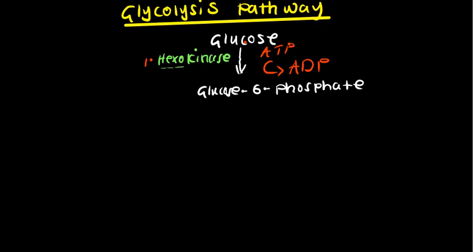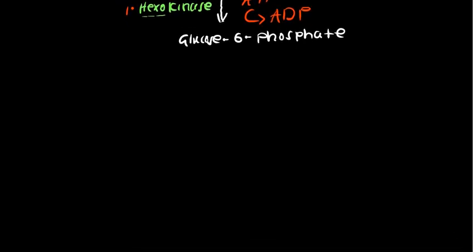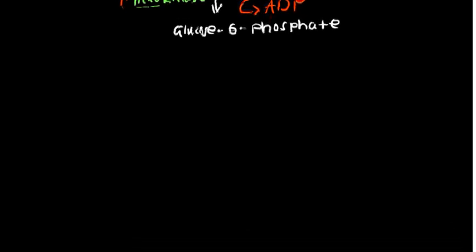And remember, this first reaction, the conversion of glucose to glucose 6 phosphate, is irreversible. That means that when you convert glucose to glucose 6 phosphate, you can't go back. So we continue with converting this glucose 6 phosphate.